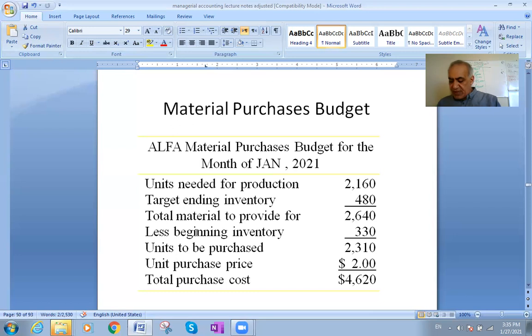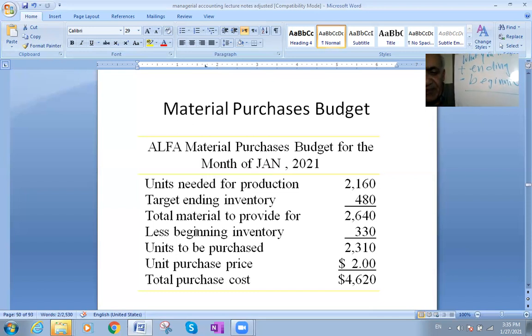The rule should be, either in production or in material purchase or whatever: what you need, plus ending, minus beginning.